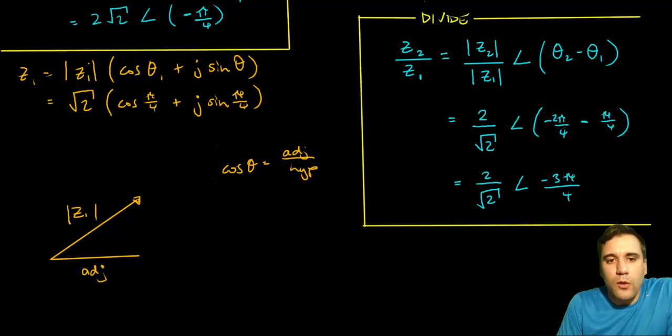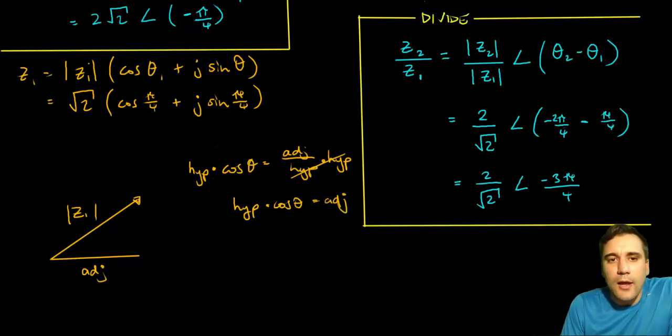So if we then rearrange this and multiply both sides by the hypotenuse, they cancel out. Hypotenuse times cosine of theta is equal to the length of the adjacent side. And really that's what's happening. We're multiplying this magnitude of this hypotenuse by cosine of the angle, and so what we're going to get is the real component, the adjacent side.